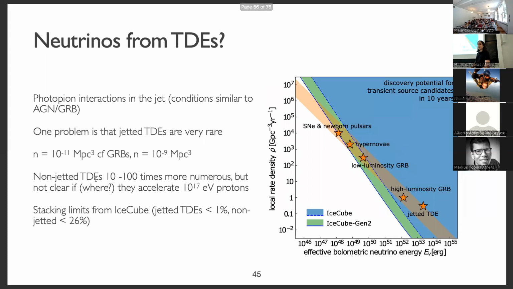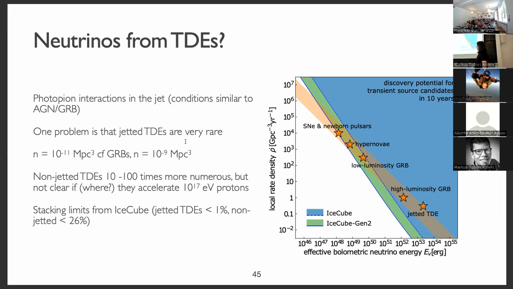Okay, now, what do we know about neutrinos from tidal disruption events? The process is similar to what I was explaining before for Blazars, photopion interactions in the jet. But you remember this plot that we looked at and which Catherine also showed us, in which, since we haven't detected any point sources, we can rule out extremely bright and rare source classes as producing the IceCube neutrinos.